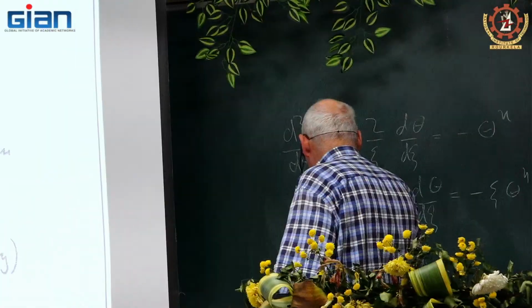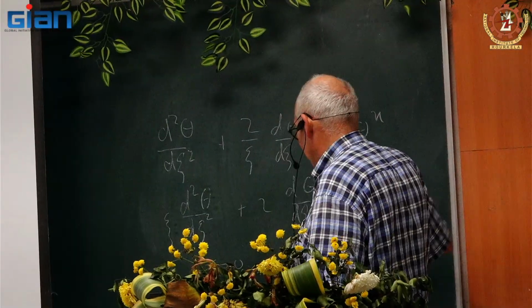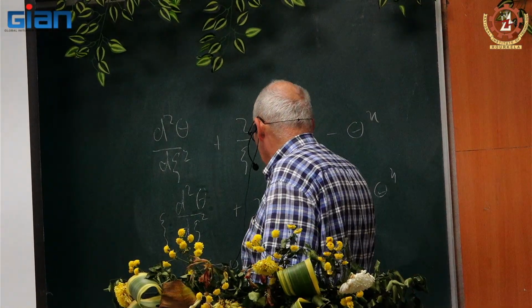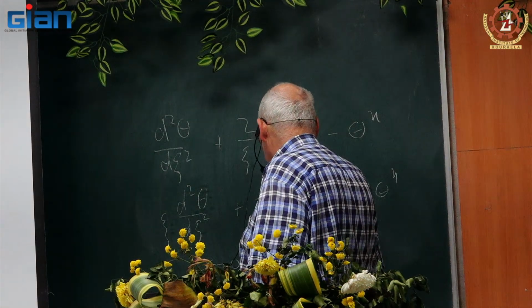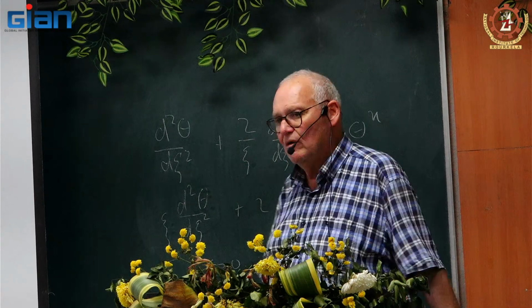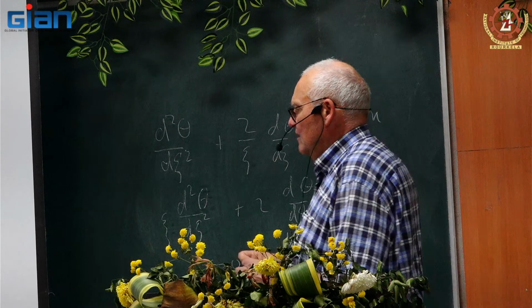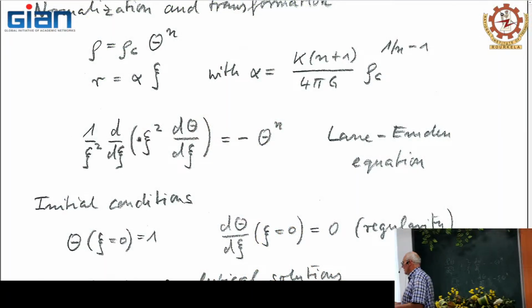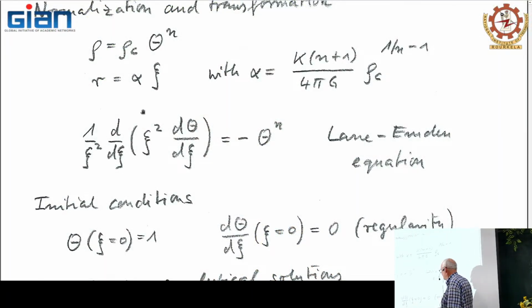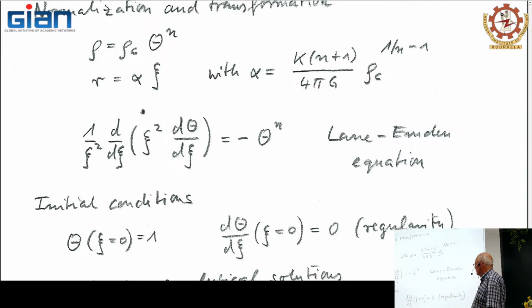Psi equal to 0 with a finite second derivative and finite function theta would imply that the derivative of theta with respect to psi has to be 0 in the center of the stellar model. So for a regular solution of the Lane-Emden equation, we require that the derivative of theta with respect to psi vanishes at the center.